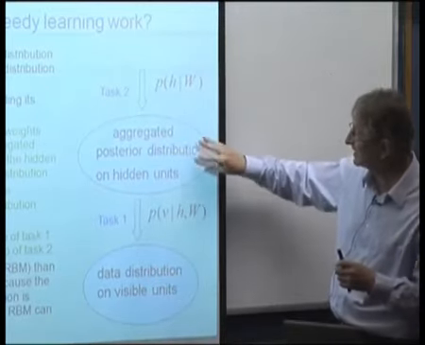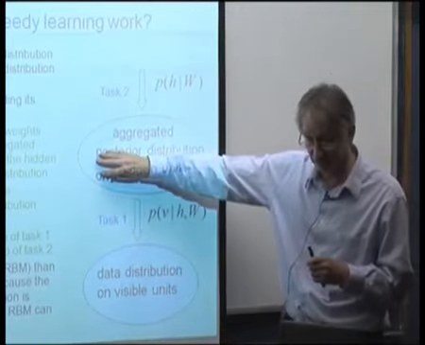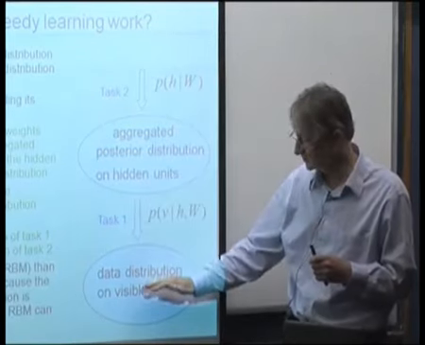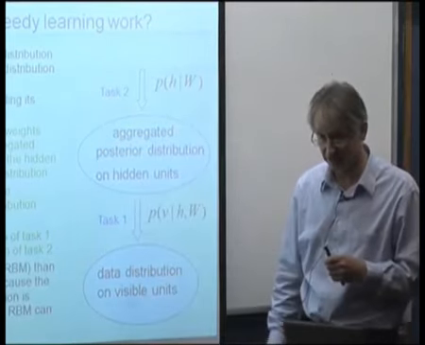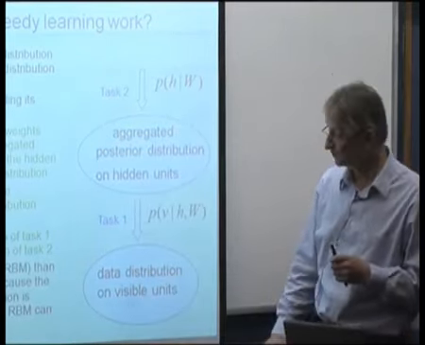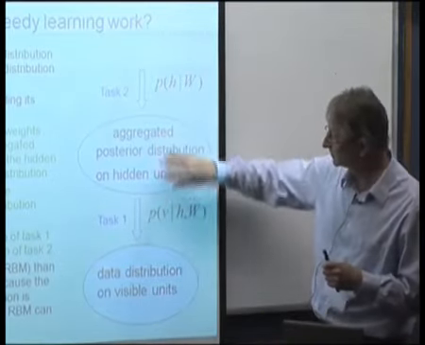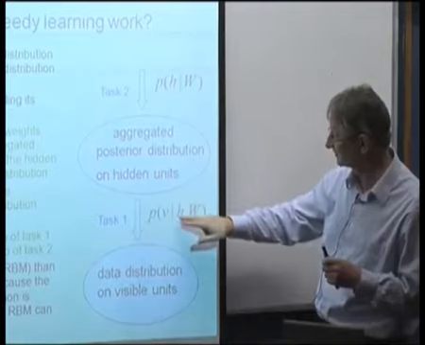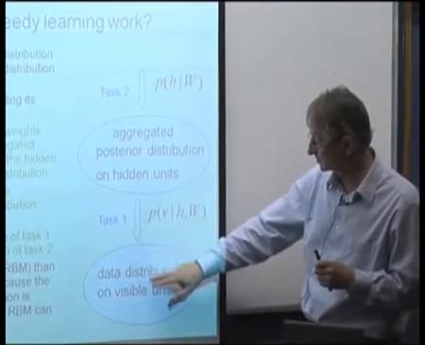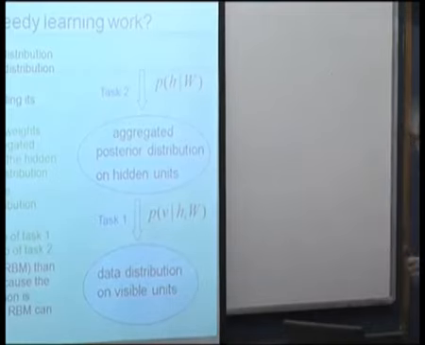In particular, given the aggregated posterior distribution, they define some distribution for the data, which won't be quite right. So this is a kind of parametric model that, given this aggregated posterior, defines a distribution for the data.